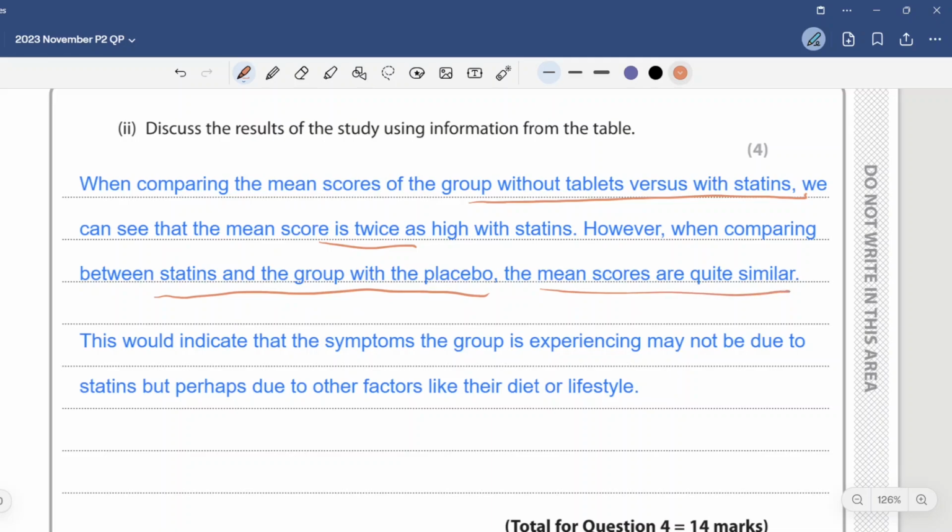The third mark is that symptoms that the group may experience might be due to something else, for example, their diet or their lifestyle. So that is the 4th mark. One more point that you can add is you can say that the symptoms are still present even when taking no statins. All right, so this is the first 4 questions done.